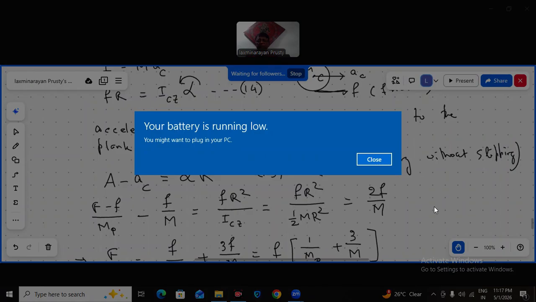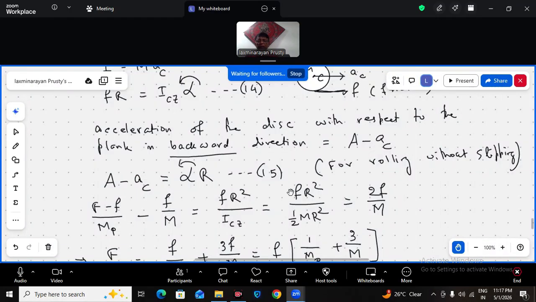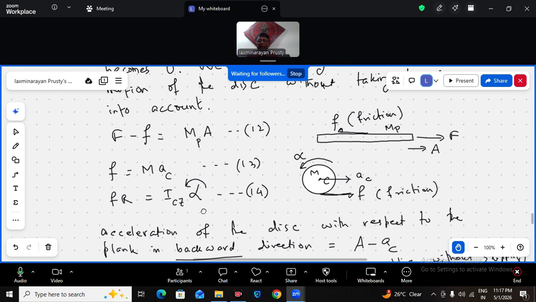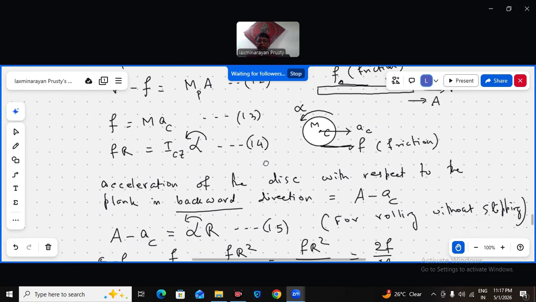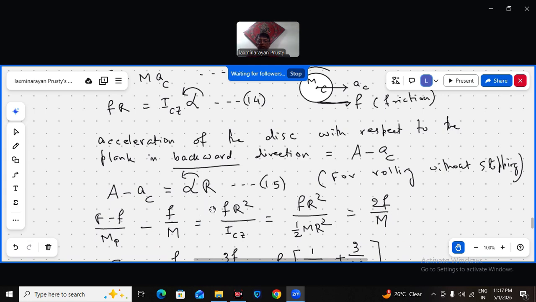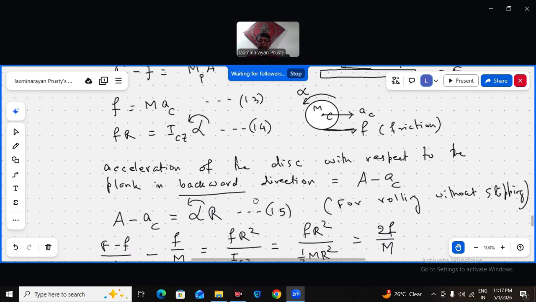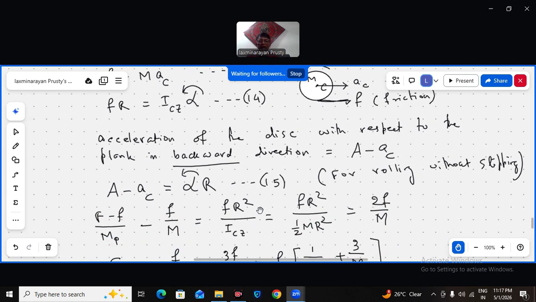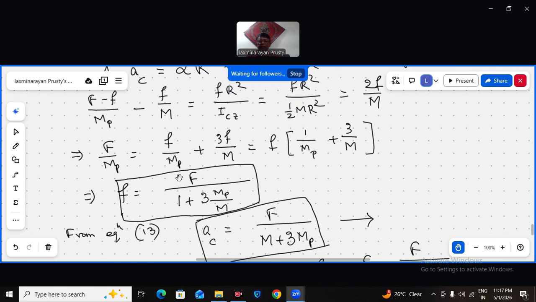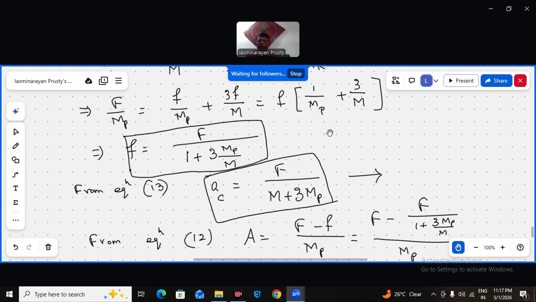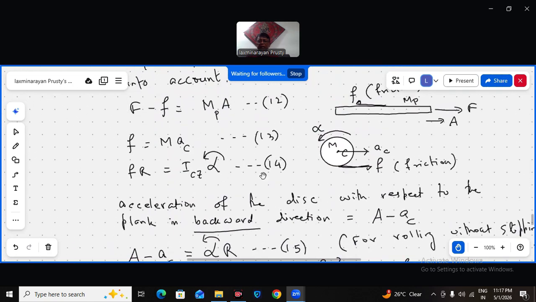F minus f by mp is A, put it here. AC, small f by m, and alpha r, alpha is fr square by ICZ into r, fr square ICZ. So solving this you get 2f by m. So small f will become f by 1 plus 3 mp by m. So AC will be from the same equation, you will be getting f by m.